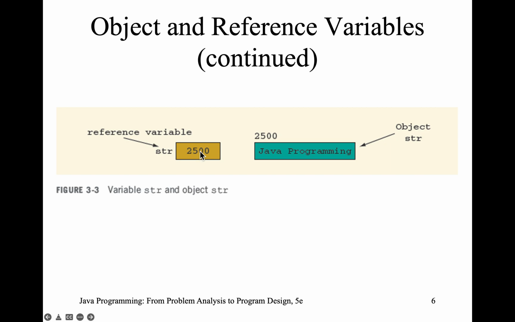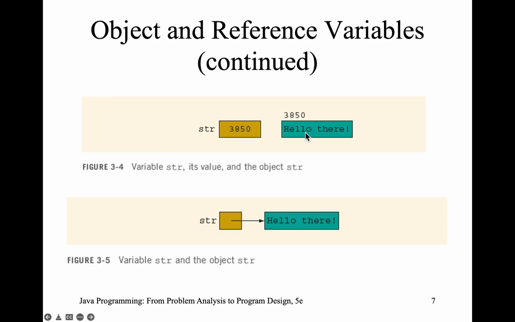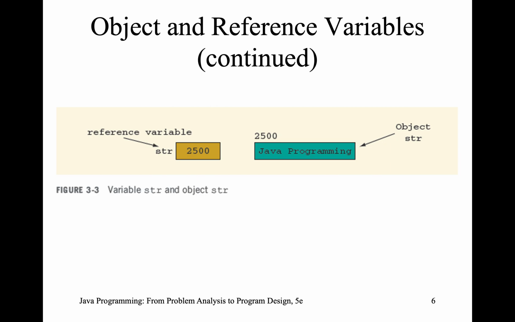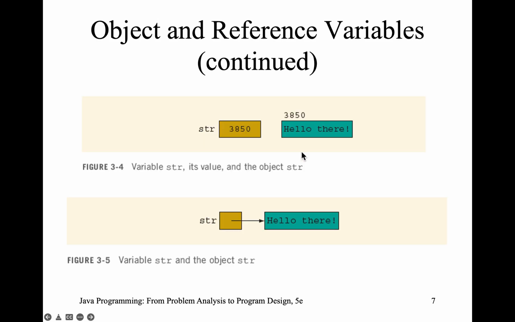If you decide later on to change the value of str to hello there, it doesn't overwrite Java programming at this address. It creates a whole new object with a reference to a whole new place. So now it's referencing this address, 3850.